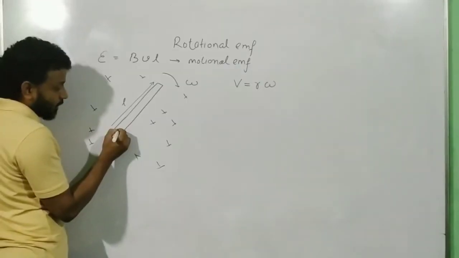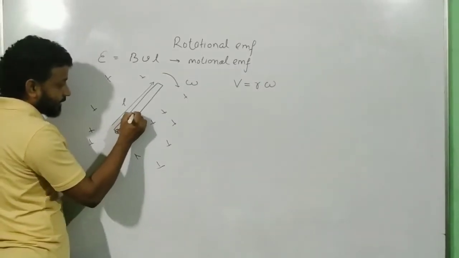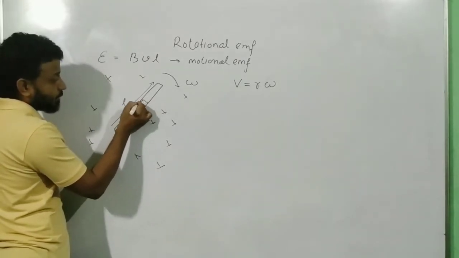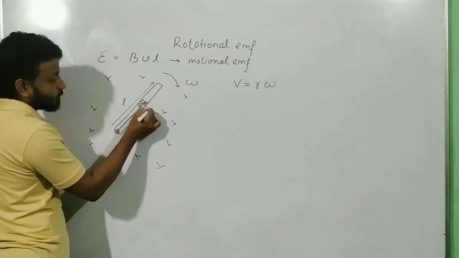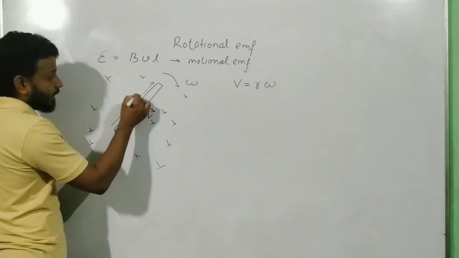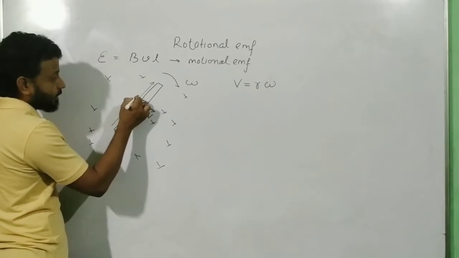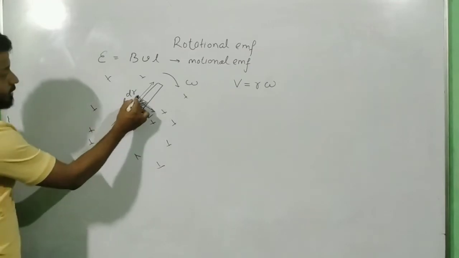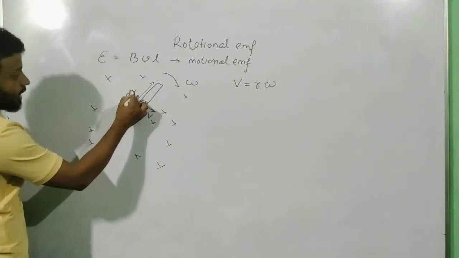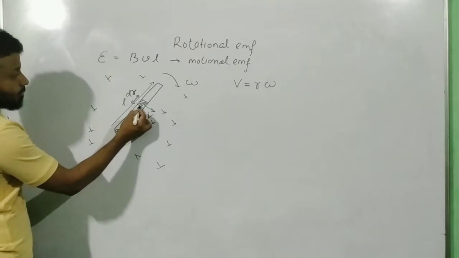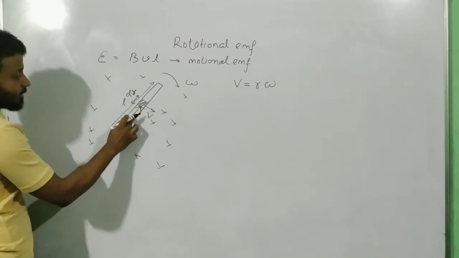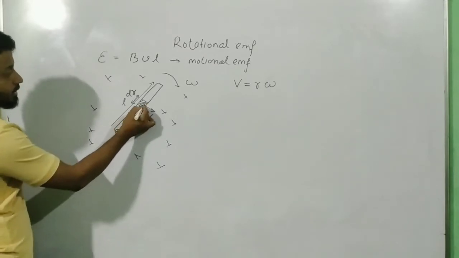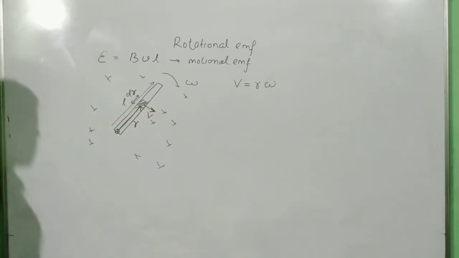So what we are going to do now in this particular case, let us say that at a distance of r, I have taken a small strip such that this small strip has a velocity of v, and the thickness of this strip is dr. So the thickness of this strip is dr, and that strip is at a distance of r from here till here, and that strip is having a velocity of v.